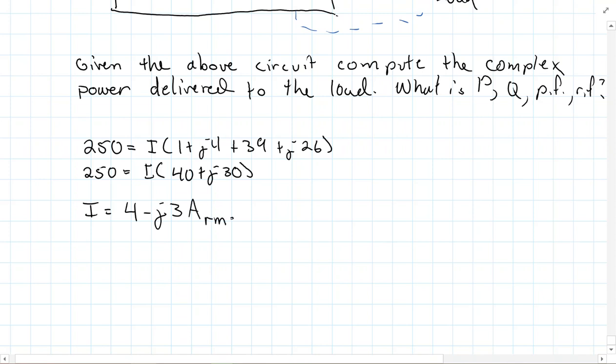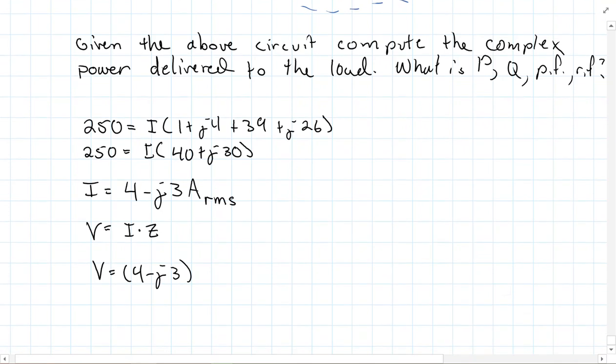I'm going to go ahead and write RMS, because I always like to make sure that I write RMS down, because remember, we have two forms of the equation for power, and I'll get to that in a second. We also want to compute the voltage across the load, which would simply be my current times my impedance. So the voltage would be 4 minus J3 times my load, 39 plus J26.